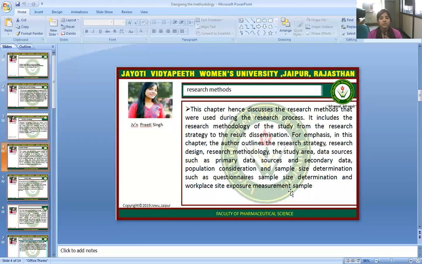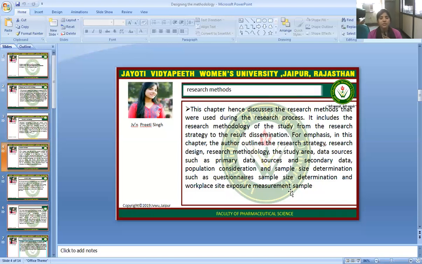Research methods. The chapter hence discusses the research methods that were used during the research process. It includes the research methodology of the study from the research strategy to the result dissemination for emphasis.